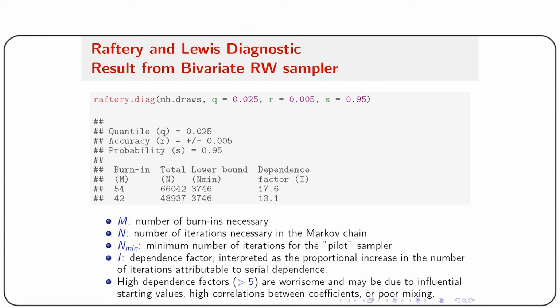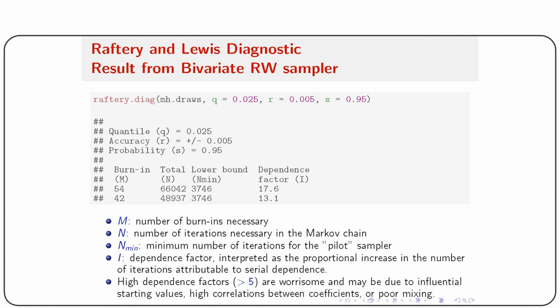Again, the MCMC object of draws from the first multivariate random walk sampler that I generated can be passed through the raftery.diag function. Remember, these functions are from the coda package, so we have to load the coda package first and then specify the quantile Q equals 0.025, R equals 0.005 and S equals 0.95.